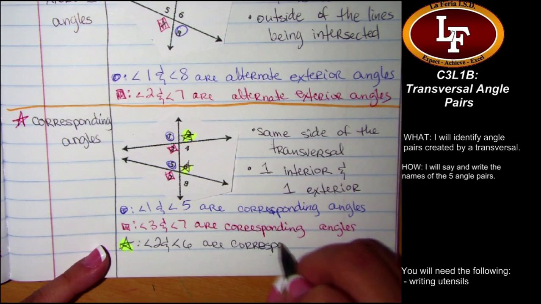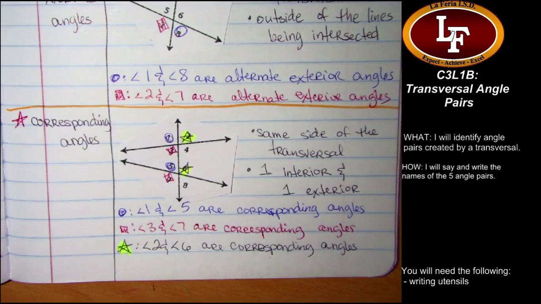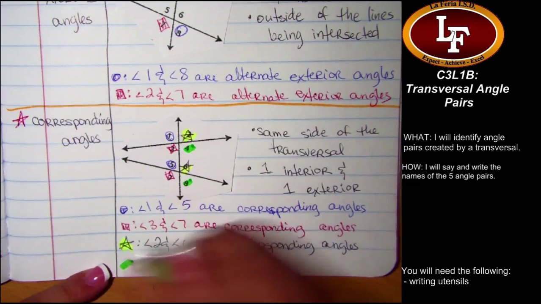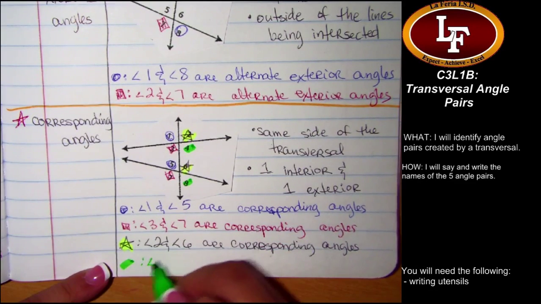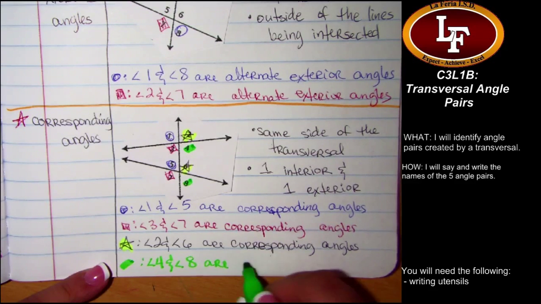And 2 is an exterior angle and 6 is an interior angle. What's the last pair you said? 4 and 8. All right, there it is. 4 and 8 are also corresponding.